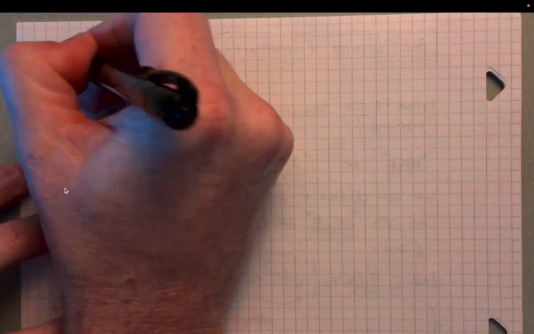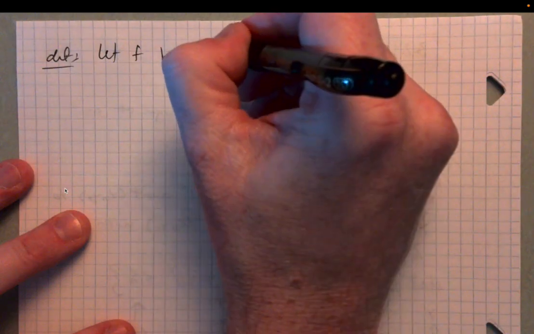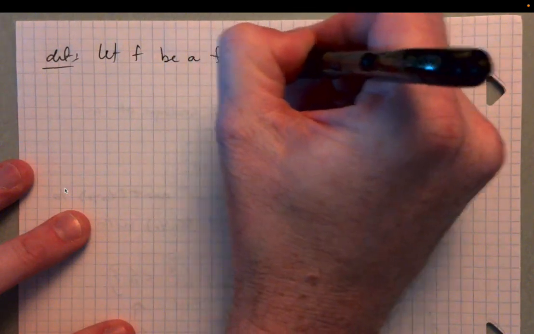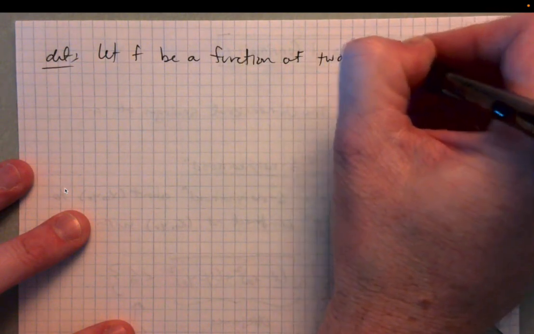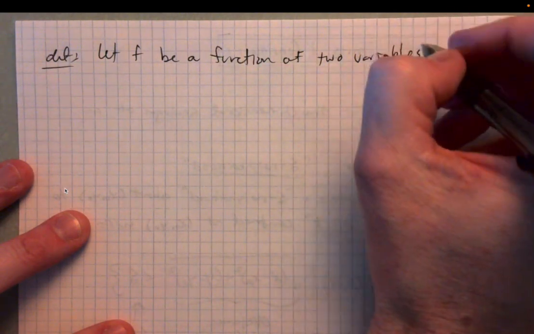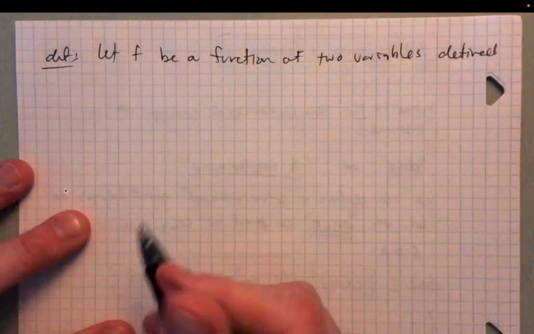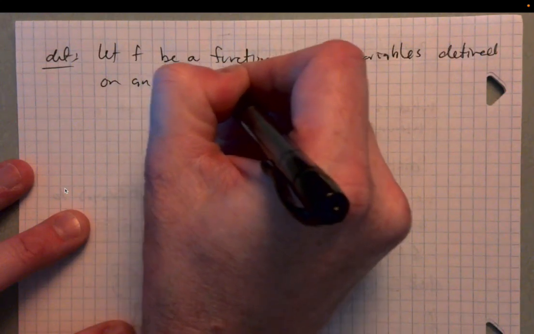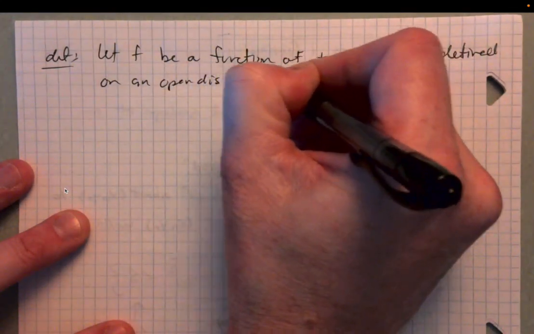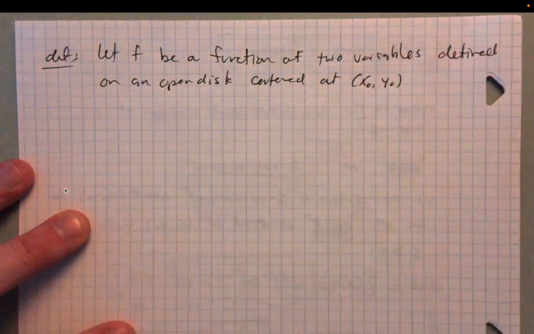Okay, so definition. Let f be a function of two variables, and we'll say defined on an open disk centered at (x0, y0).